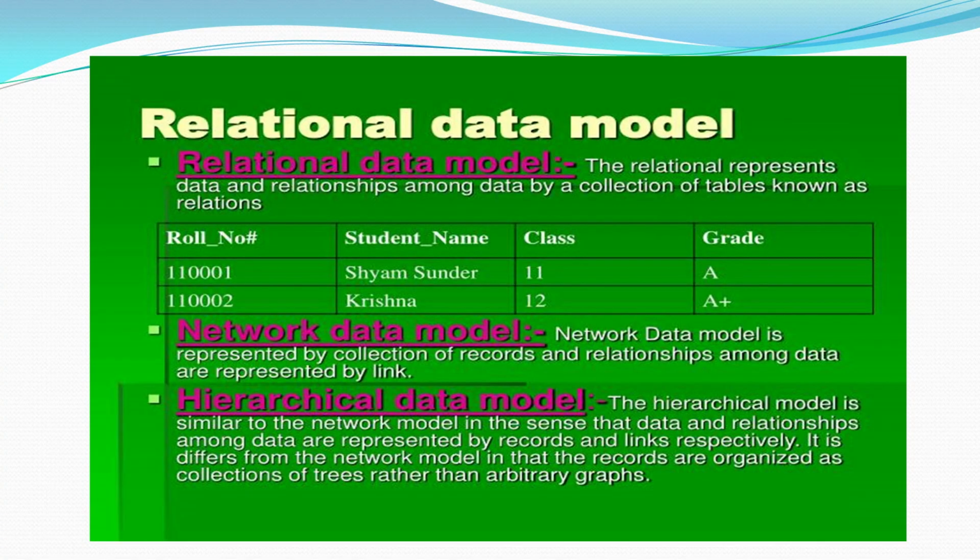In the hierarchical data model the records and the relationships are also represented with the help of links, but the records are stored in a tree structure, while in the network model the records are organized as a collection of graphs. So, this is the concept of different data models.